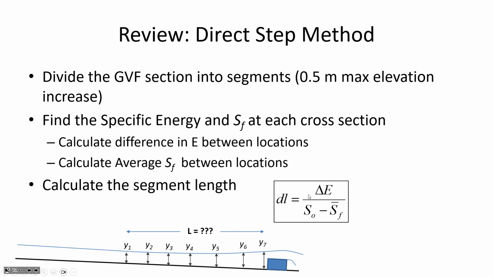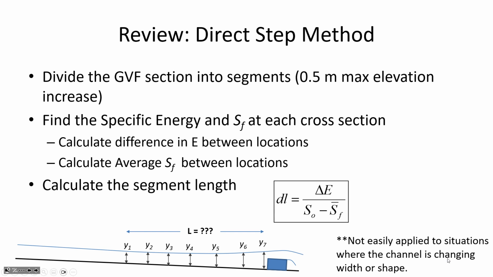And then the slope, S naught, that's the slope of the channel. So that's constant. But what would be changing in each of these segments is the slope of the energy grade line at the midpoint. So this really only applies if you've got a rectangular channel that is staying rectangular all the way up through the backwater curve. So this isn't applied very easily when the channel geometry changes.